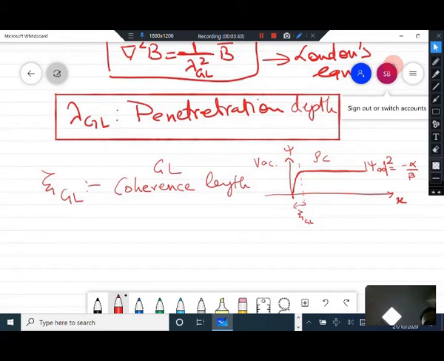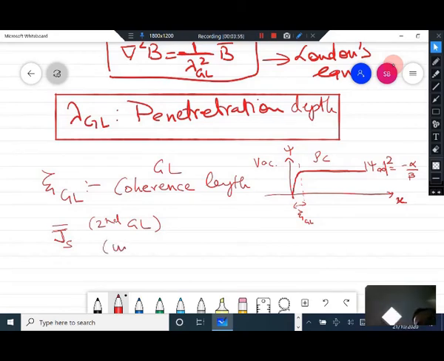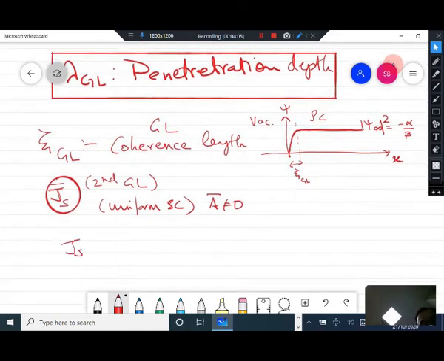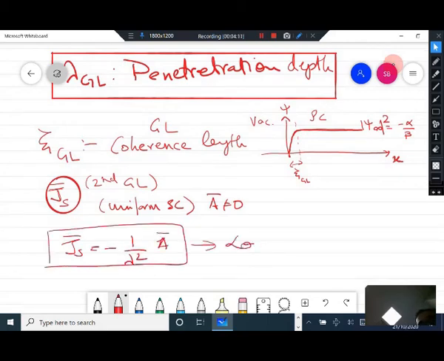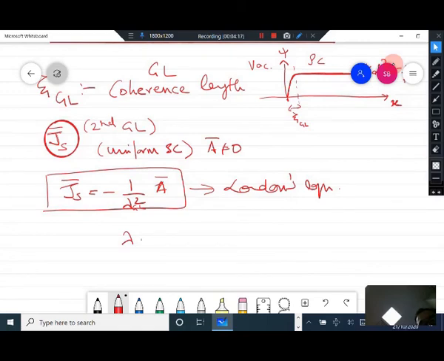And similarly, from the supercurrent density, from the second GL equation, if you take a uniform superconductor and place it in a magnetic field, then the supercurrent density is Js is minus 1 by lambda square A bar, and this is your London's equation, and this lambda GL gives your penetration depth.